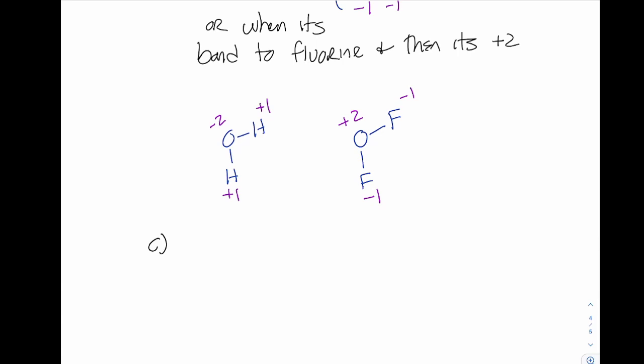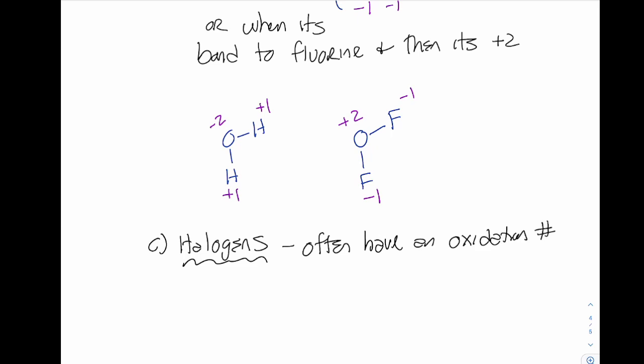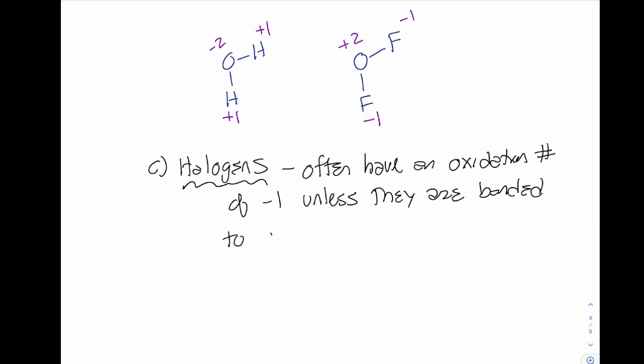Rule C, and this is for halogens, and this is always worded kind of weird, but halogens often have an oxidation number of -1 unless they are bonded to oxygen, unless that halogen is fluorine.